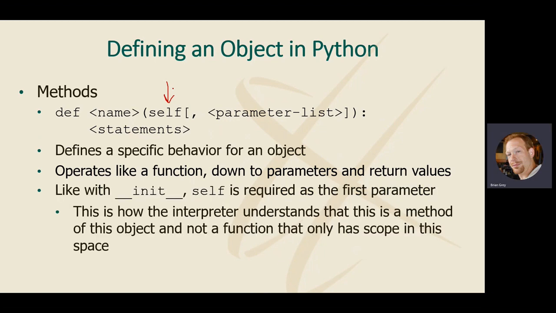Like I said, like with the dunder init, and you will frequently refer to methods that have this double underscore as dunder. Dunder init, it is the first parameter. Self is required as the first parameter, and this is how the interpreter understands that what you have defined is a method and not a function.